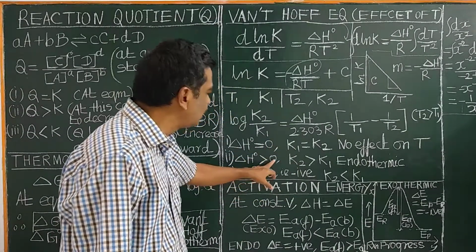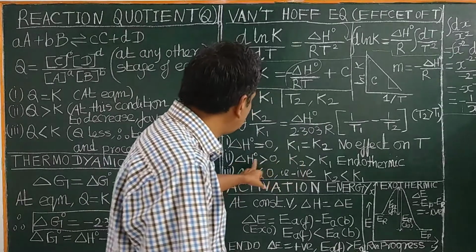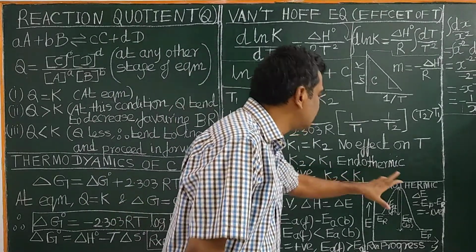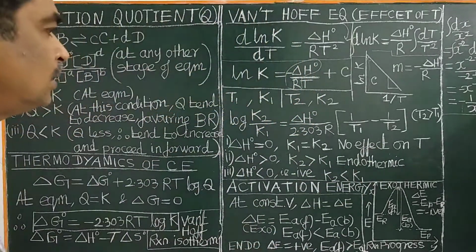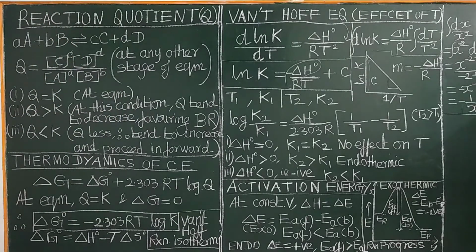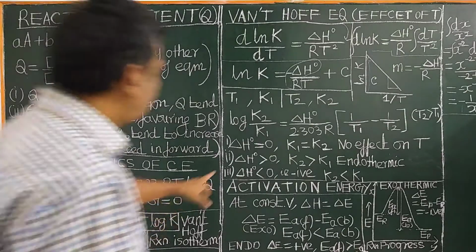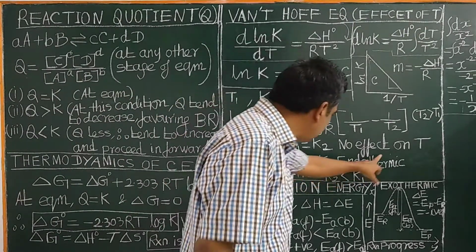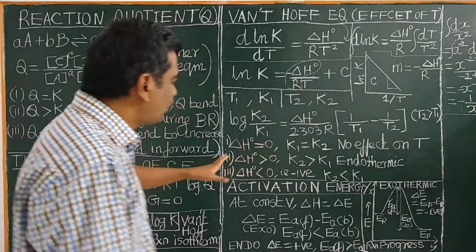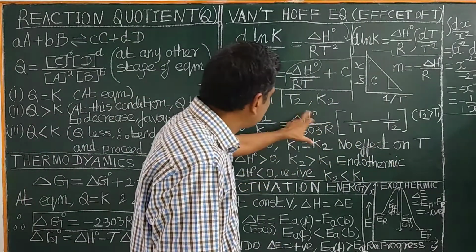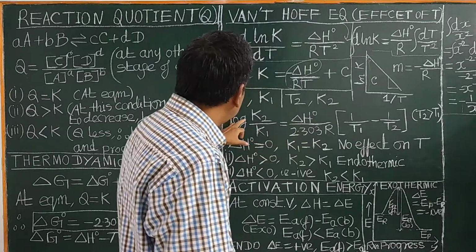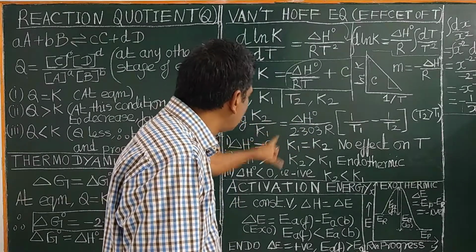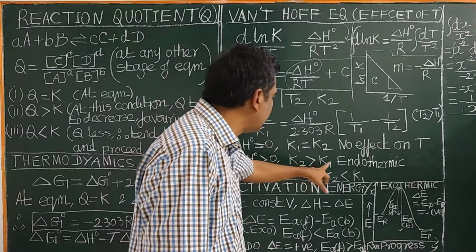When delta H naught is greater than 0, that is delta H naught is positive, this is an endothermic process. Therefore, on substituting here, you will get log K2 greater than log K1, that is K2 greater than K1.